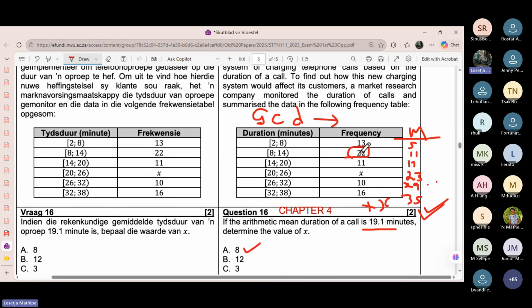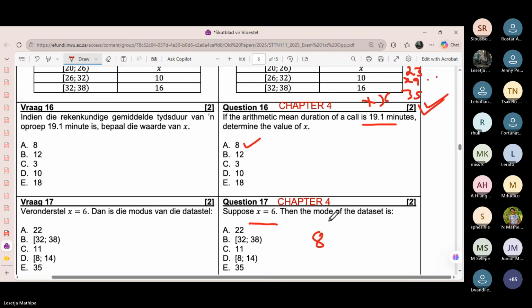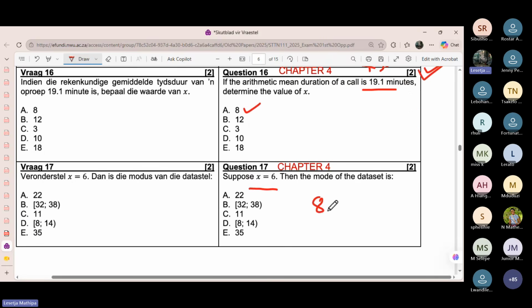So for you to get the mode, you are looking for the midpoint. You say 8 plus 14, divided by 2 for the mode, because we are dealing with grouped continuous data. How much are you getting? 11.